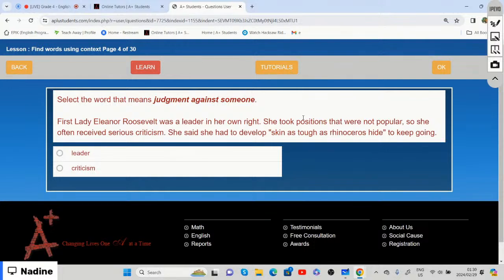So, judgment against someone, does it mean leader, or criticism? If you're being judged, then they are criticizing you. So it's criticism. It's not being a leader at all.